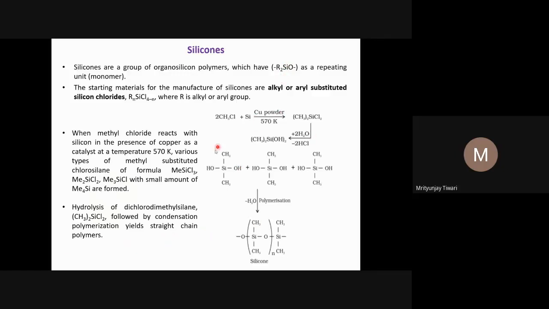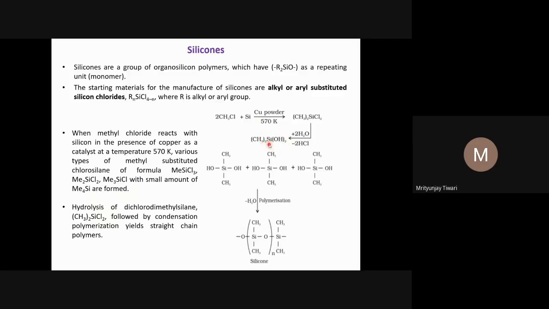For example, methyl chloride reacts with silicon in the presence of copper powder above 570 Kelvin, and many chlorosilanes can be formed. One useful chlorosilane is dichlorodimethylsilane, and on hydrolysis it forms dihydroxodimethylsilane.